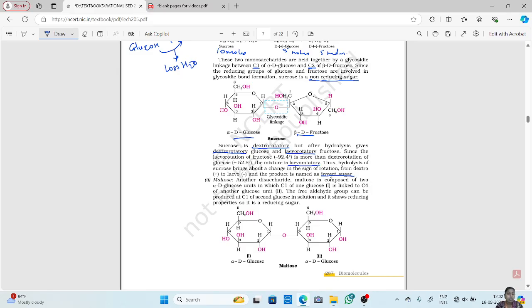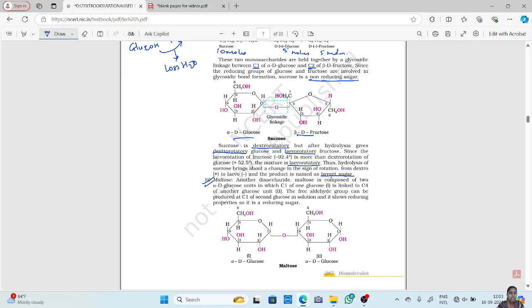This change in sign of rotation, from positive to negative, is why sucrose hydrolysis product is named invert sugar. Invert sugar means it is inverted from positive to negative.